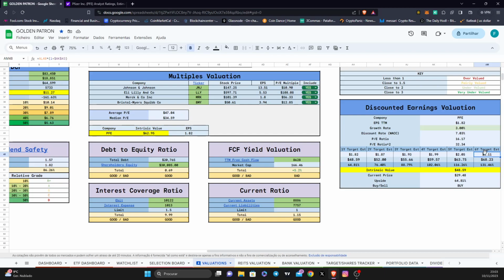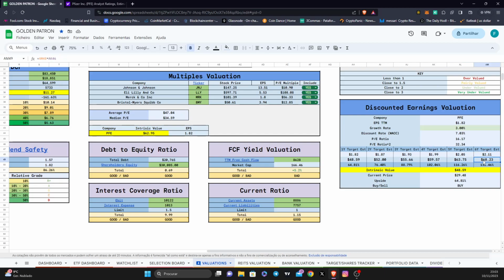When we get the 6-year target estimate, we're going to be able to get our 6-year intrinsic value. What this does, as you can see, is take the 6-year earnings per share and multiply it by the P/E ratio times 2, and that gives us this price.